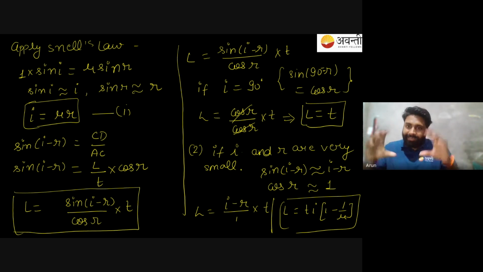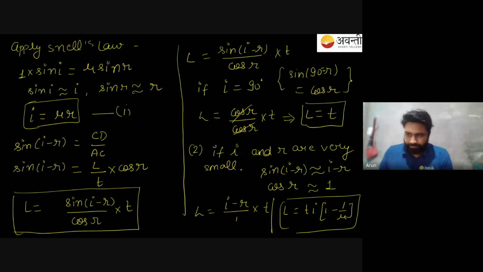We know the thickness of the glass slab and what material we are using. So these values are known to us, but r is not known. You are not going deep down into the glass slab to look at the angle r. That is why we put all the values that are known to us. So this is the lateral shift that we have.